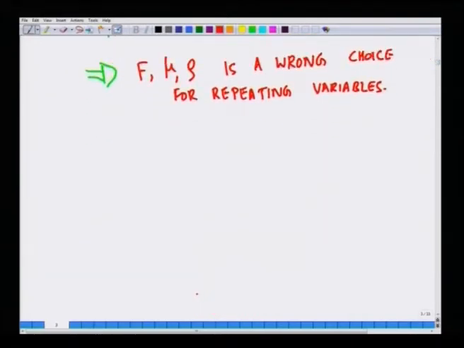Therefore, we have to choose some other set of variables. So, let me now write down a correct choice, one of the correct choices, there could be others also.